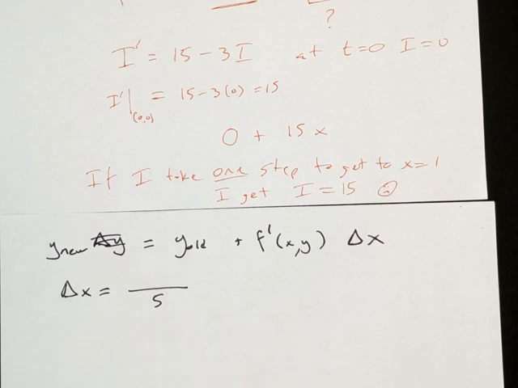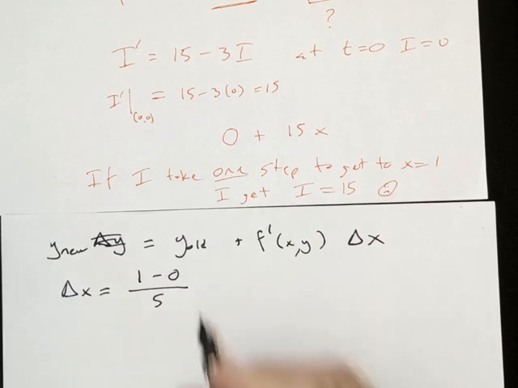I said I'm taking 5 steps. N is 5 on the bottom of that fraction. You all took the first exam. It's on the formula sheet for the first exam. It's b minus a over n. We take the two ends of our range, right? So my delta x is 0.2.